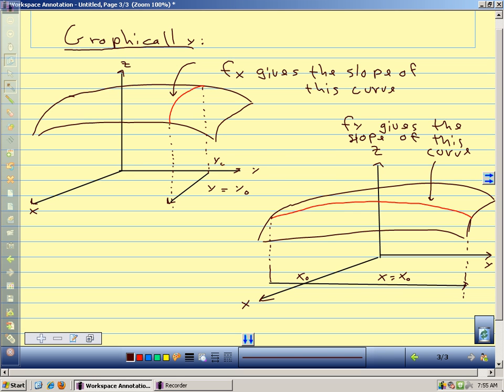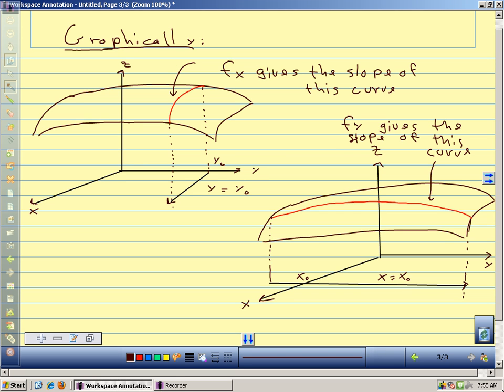So let's see. We're looking at our surface at -1, -2, and we're talking about the partial with respect to y. So we go back into the page on the x-axis, and -2 on the other axis. And we want to figure out the partial with respect to y. And what did we decide? Positive. So that one should be positive. Wait, why is it positive?